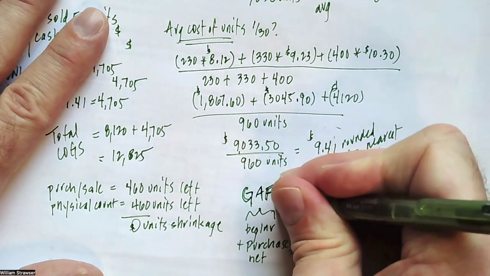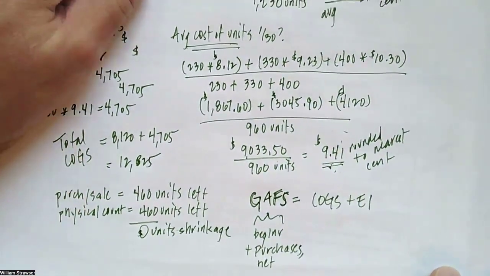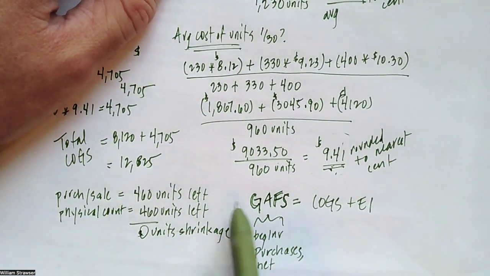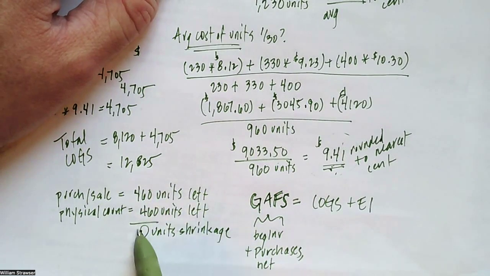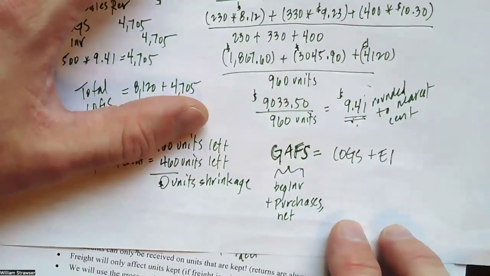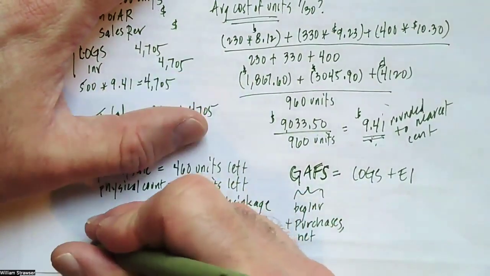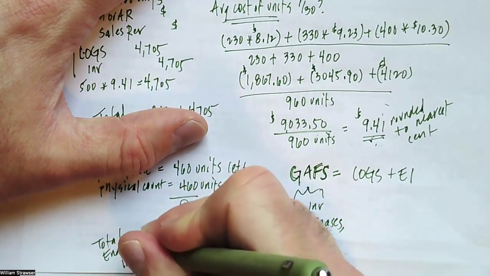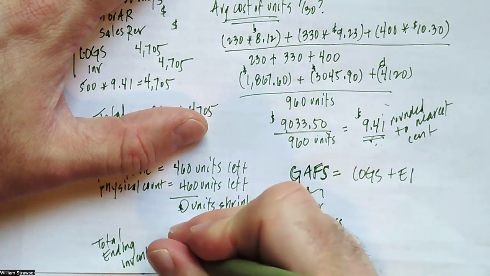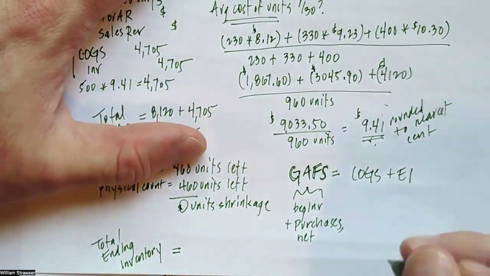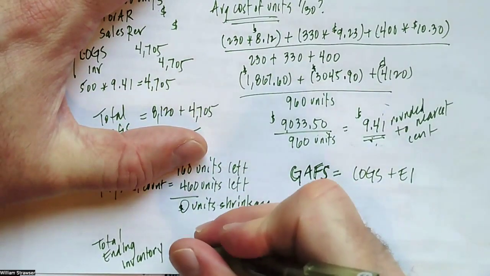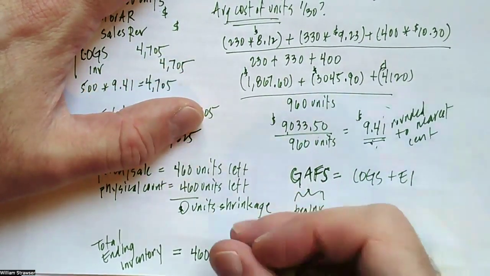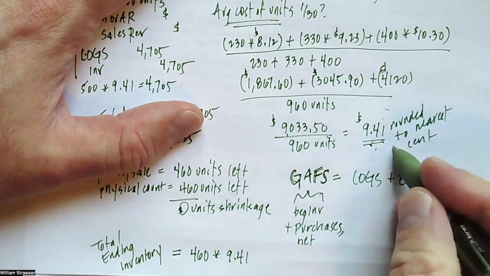In this case, with the average price per unit and knowing that we have exactly 460 units remaining, in order to determine the total ending inventory, the dollar value we would see in our T account at the end of the period, we would just take the 460 and multiply it by the average price per unit, which is $9.41.